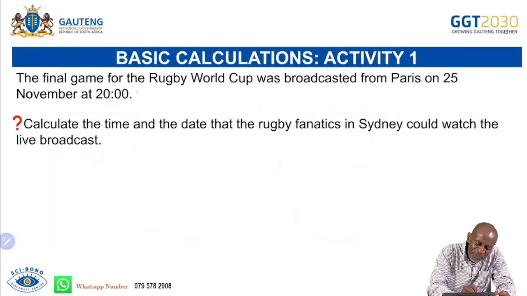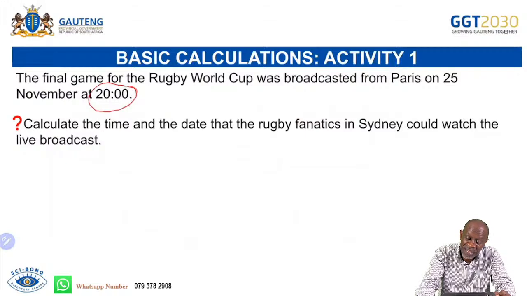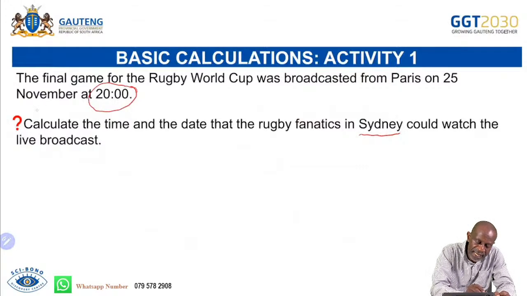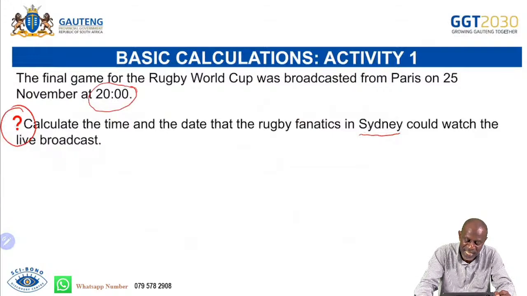Bear in mind, we are given the time in Paris, and we want to find out the time in Sydney, Australia. Hence, the question mark tells us that here we don't know the time. So let's work out what the time will be in Sydney if in Paris is 20 hours on the 25th of November.